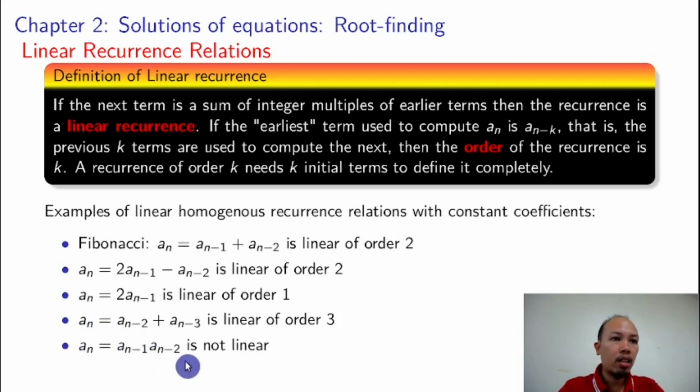This recurrence relation is not linear. Notice that based on our definition, it should be a sum of integer multiples of the earlier terms, and this is not a sum but a product, so this is not linear. This is also not linear because it says here it is a sum of integer multiples of earlier terms.